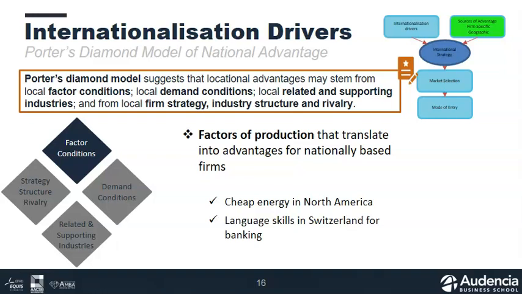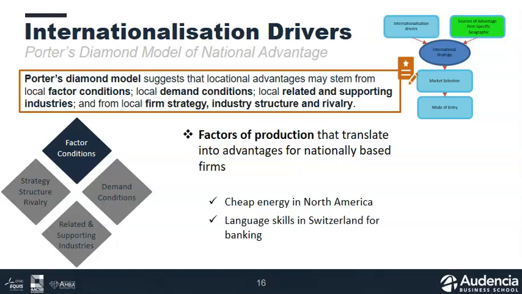Also, language skills. Being able to speak multiple languages may give your company an advantage, and that's the case in Switzerland. Natives of Switzerland speak two, three, four languages, and as a result, this gives them an advantage in the international banking arena.